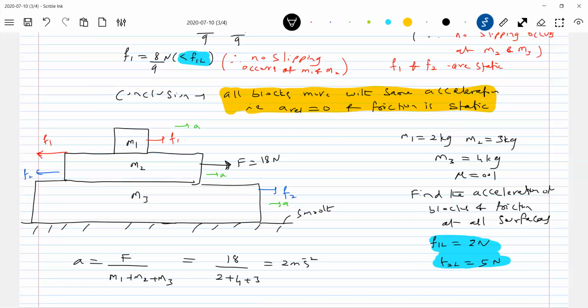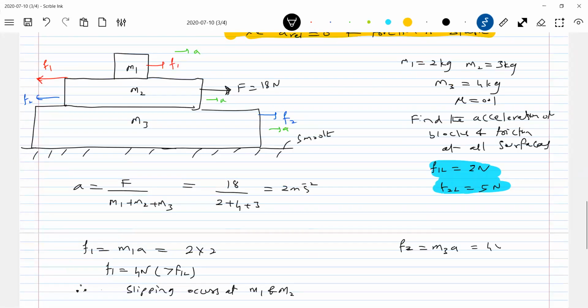So this will be 4 into acceleration 2, which is 8 Newton. I think you have to be really very careful here. So here slipping occurs at M2 and M3.